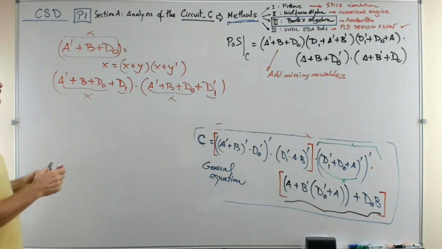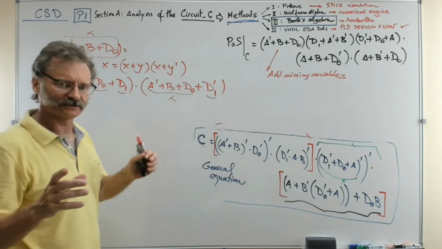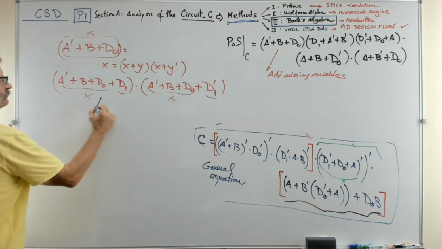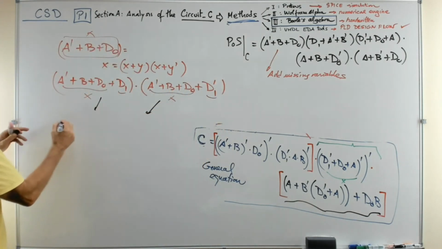In this way, you have an expression that is a sum that has all the variables. But now remember, you'd better reorder them in order to get a maxterm.